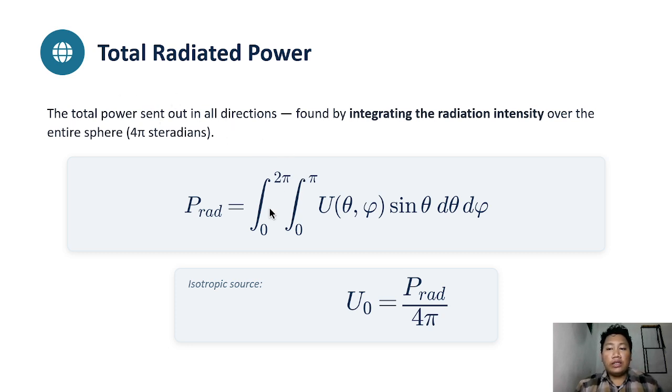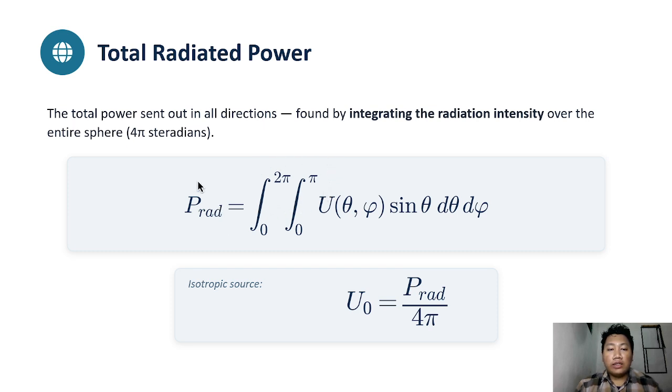Moving up to the total radiated power. This slide is really the heart of everything we discussed. The total radiated power is all the power the antenna sends in every direction combined. To find it, we integrate the radiation intensity U over the whole solid angle, the full sphere, for theta and phi.